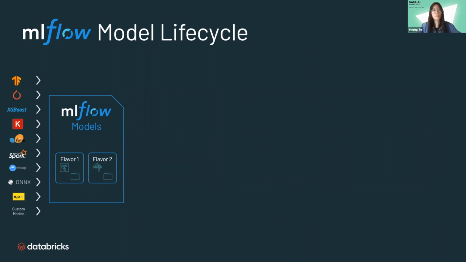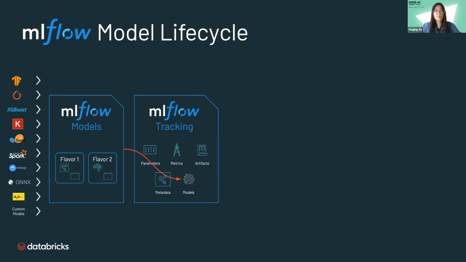So if we take a look at the machine learning lifecycle in a holistic way, we start by training and developing models and even tuning hyperparameters, and then compare the metrics to select the best models. And you can leverage different flavors of MLflow models.